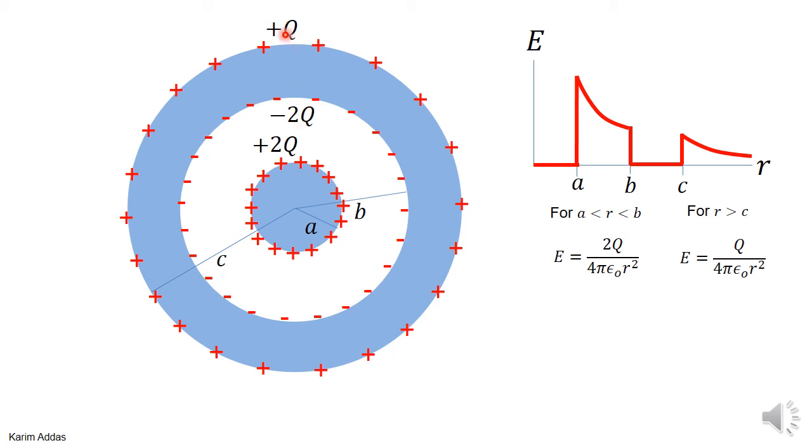They should give you minus Q, because it was given in the problem that the sum of these two was minus Q. They didn't tell us how much was on the inner and outer surface. This is what we proved in the problem. Then the electric field between A and B goes like 2Q over 4 pi epsilon naught r squared. The electric field after C goes like Q over 4 pi epsilon naught r squared. And that's the summary of the problem.